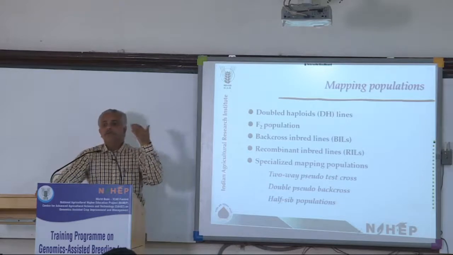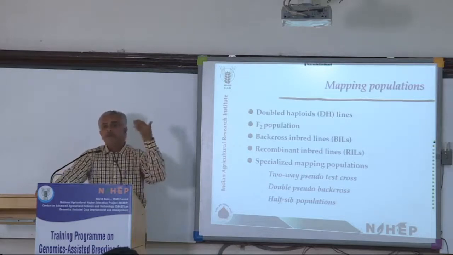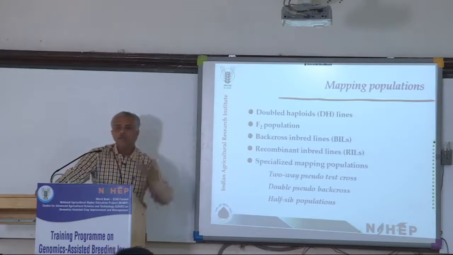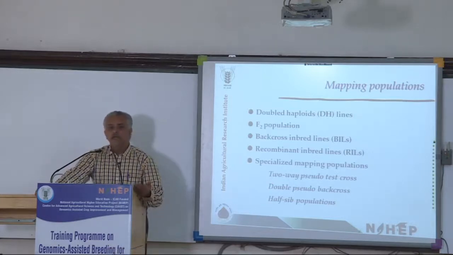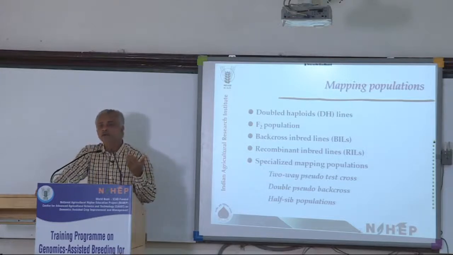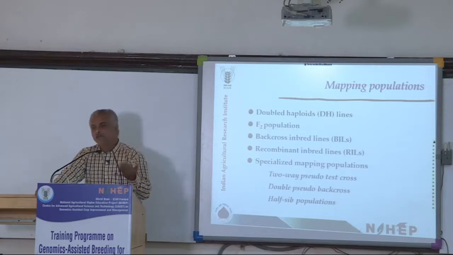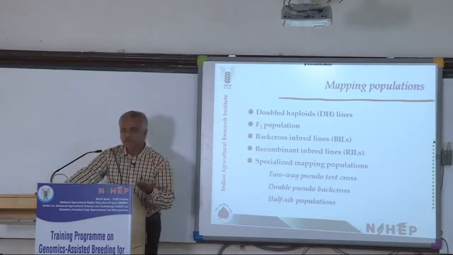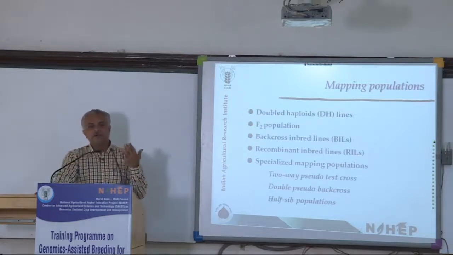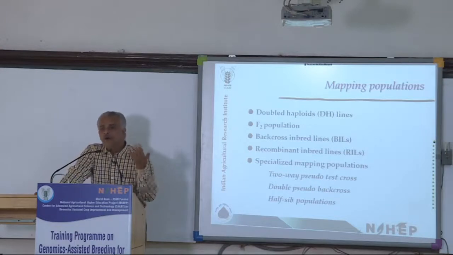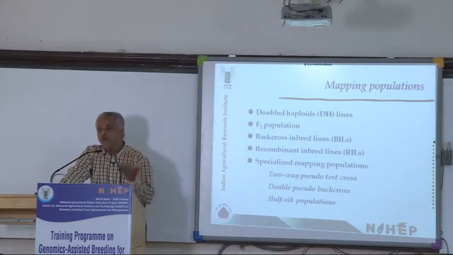Now, you take the ratio between the likelihood of having association to the likelihood of not having association, and that ratio is called the likelihood of odds, or otherwise the log of odds, because likelihood is generally measured in logarithmic terms.